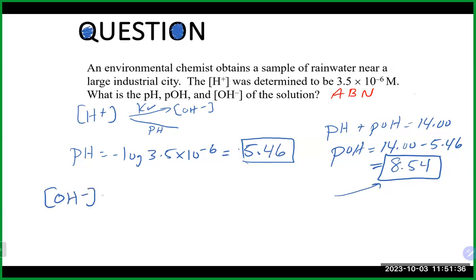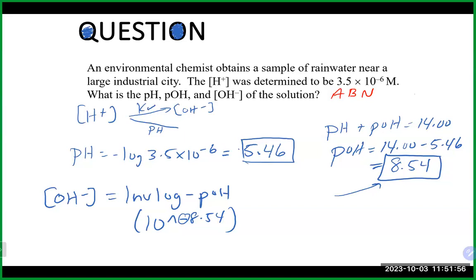The OH minus will equal the inverse log of the minus POH. So on your calculator, it should probably look something like this. Do not forget the negative sign there. And that's going to get us negative 8.54 in this case.